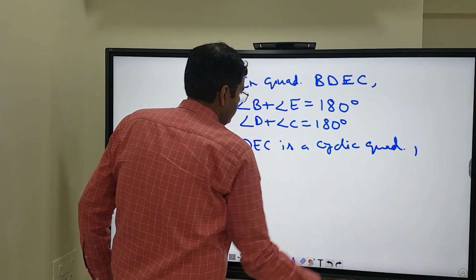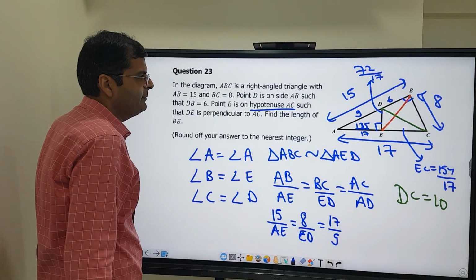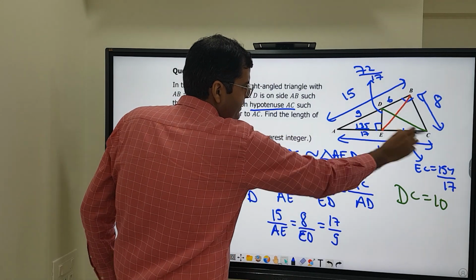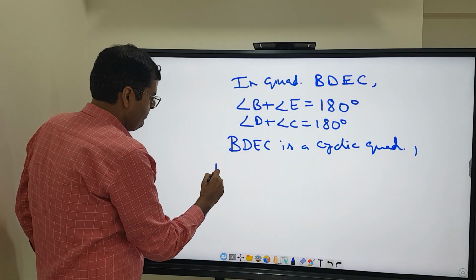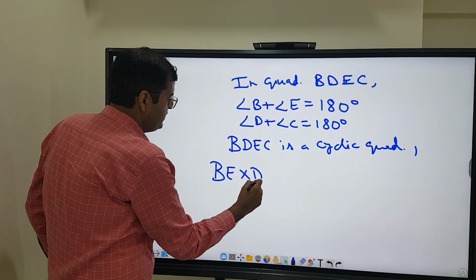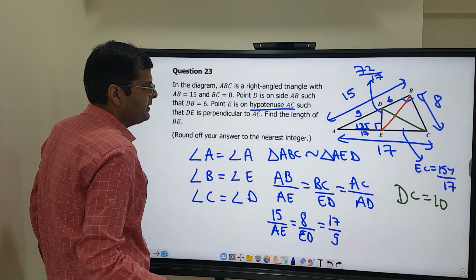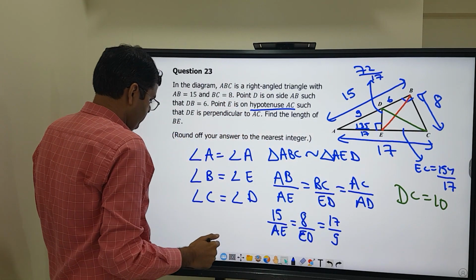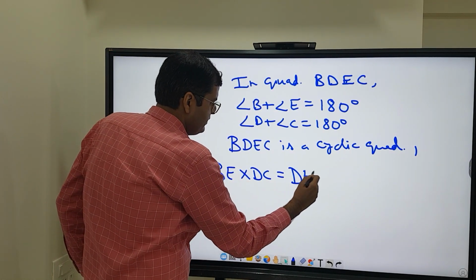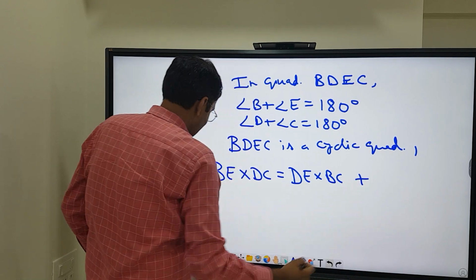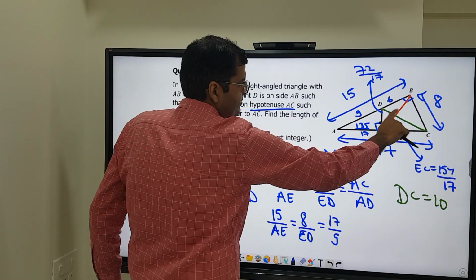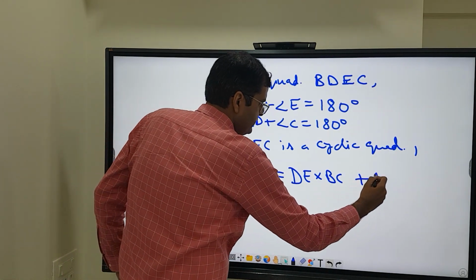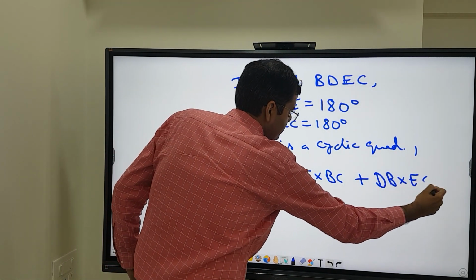Now applying the theorem for cyclic quadrilateral, we know that the product of the diagonals is BE into DC. BE into DC should be equal to the sum of the products of opposite sides, that is DE into BC plus DB into EC.